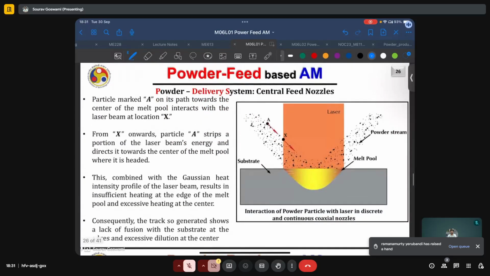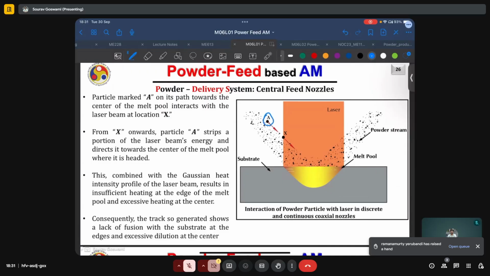Now, what about central feed nozzles, where the laser is coming from the center and powders are coming from the side? So we are looking at the Lagrangian approach, where we will track the path of one individual particle marked A here.